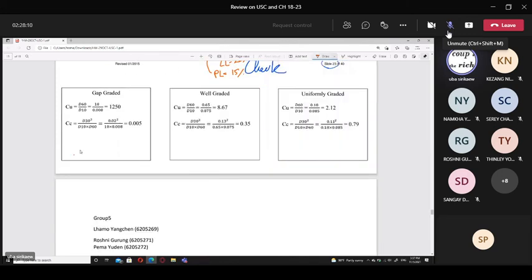You don't need CU, CC. You use only liquid limit and plastic limit. Then LL minus PL equal to PI. You will know that.